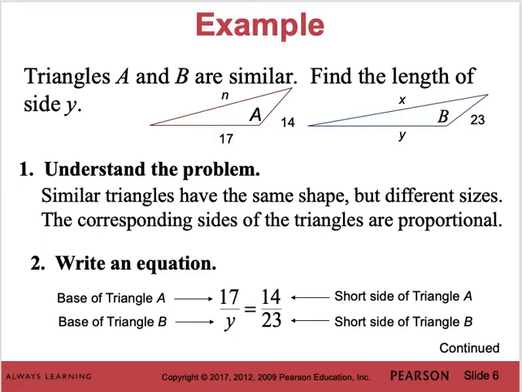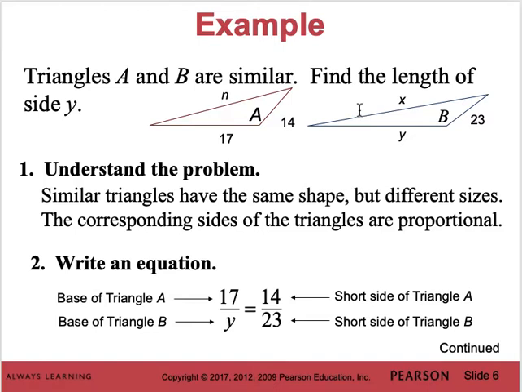Here's another example. When we're working with geometry, we're working with similar shapes, like triangles. We can write proportions. Both of these triangles are the same shape. They're just different sizes. The length here is 17. The length here we don't know is y. The diagonal height here is 14, and our diagonal here is 23.